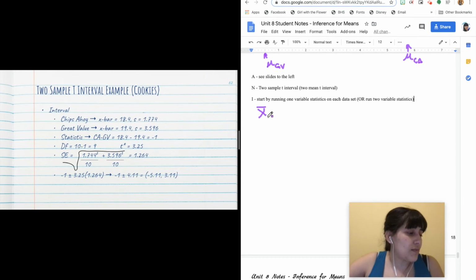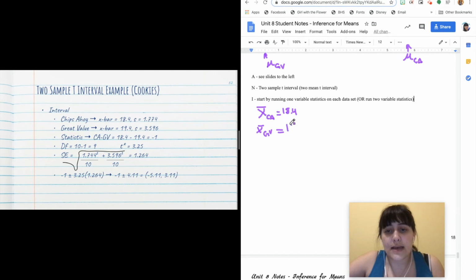X bar here for my Chips Ahoy cookies was 18.4, not 1.84, so 18.4. And then X bar for the great value cookies was 19.4. Remember my statistic: all of that together will be this minus this.